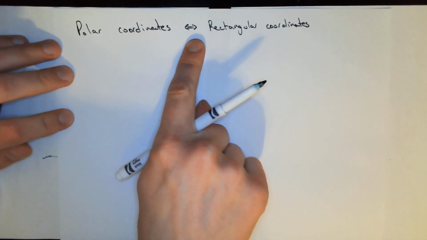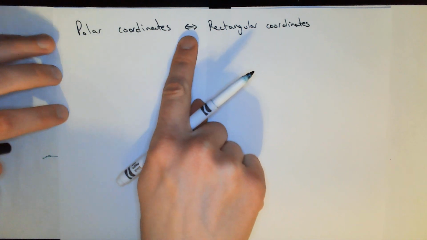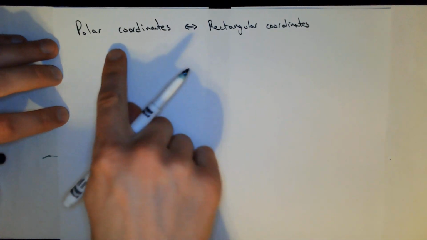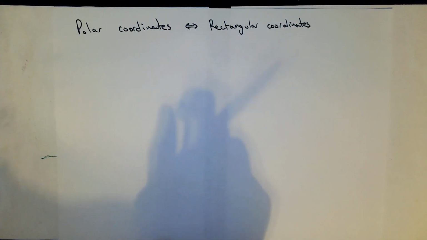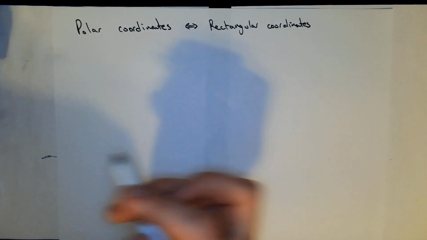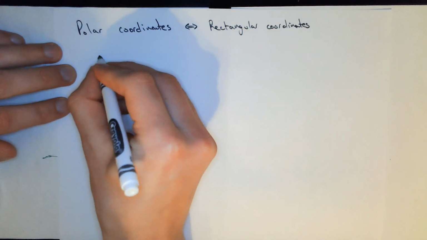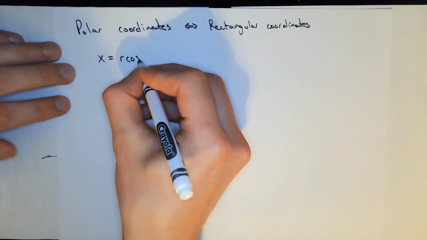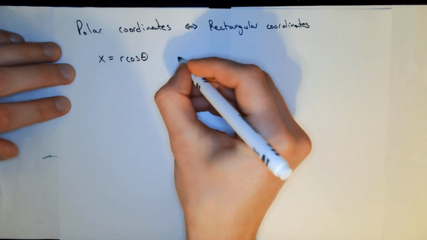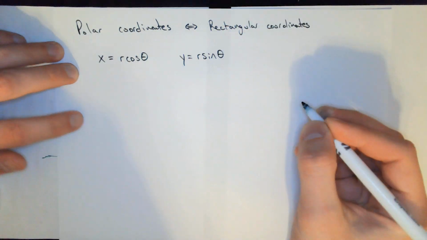It's not like a double implication, like an if and only if. It's just saying here are the rules for getting from here to here and vice versa. And the equations are ones we already know, whether you remember them or not: x is equal to r cosine theta, and y is equal to r sine theta.